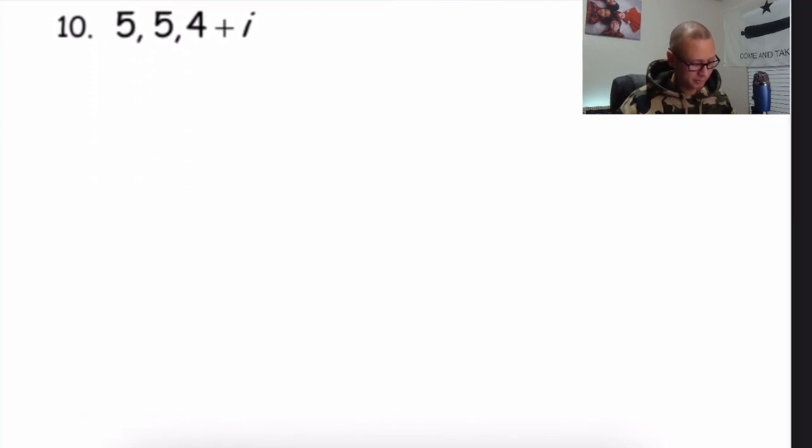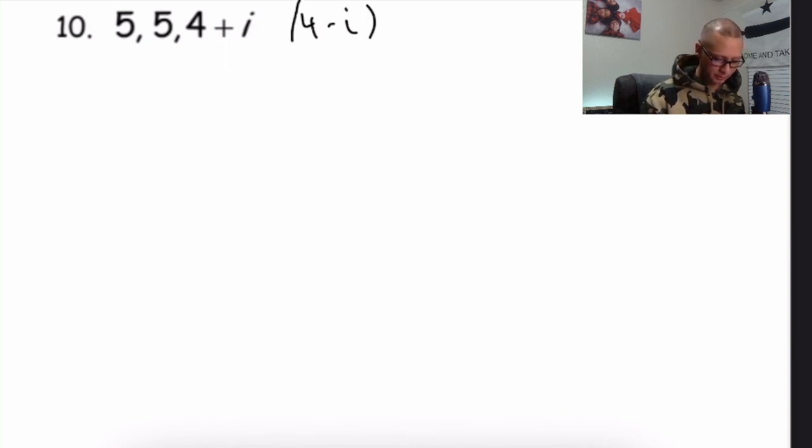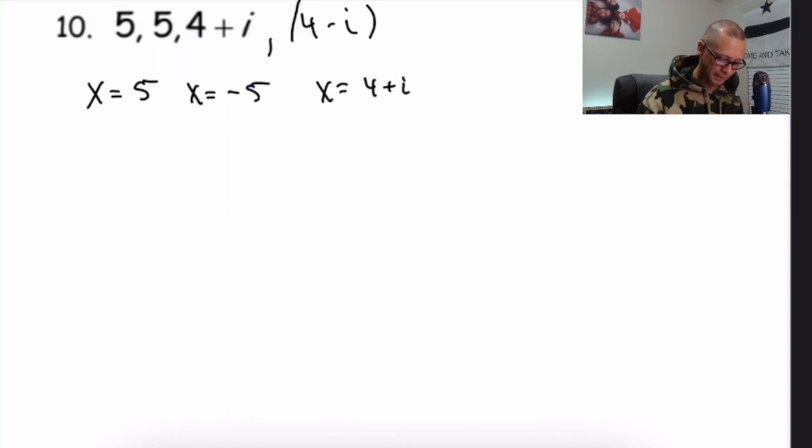Okay, last one. This is 4 minus i. That's the one that we're missing. The root. So we have x equals 5, x equals negative 5, x equals 4 plus i, x equals 4 minus i.